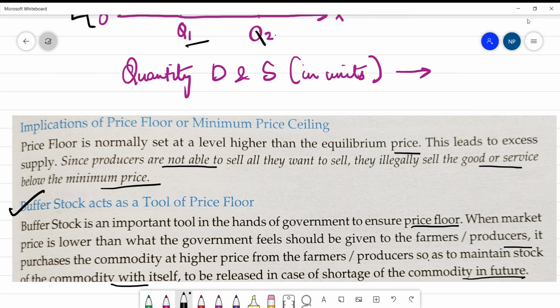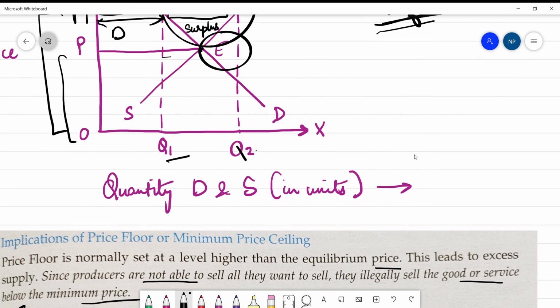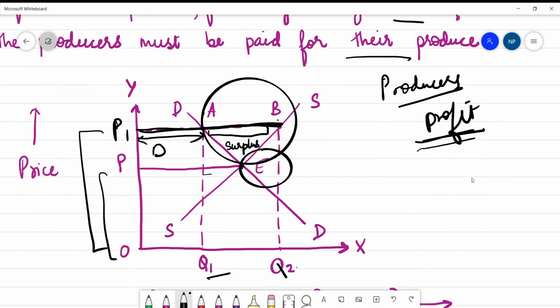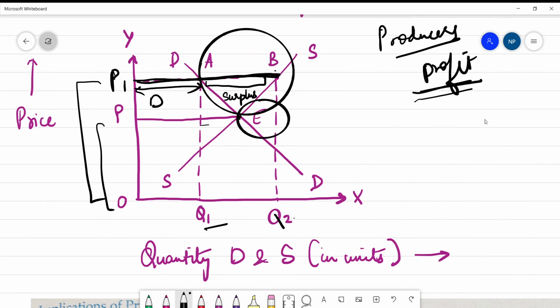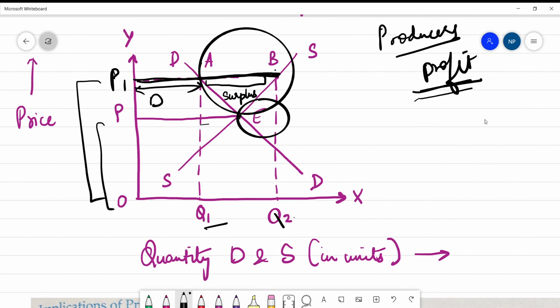So what happens? These market forces, that is the producers, try to earn their profit. Take the example of the people who are employed in the agriculture sector.